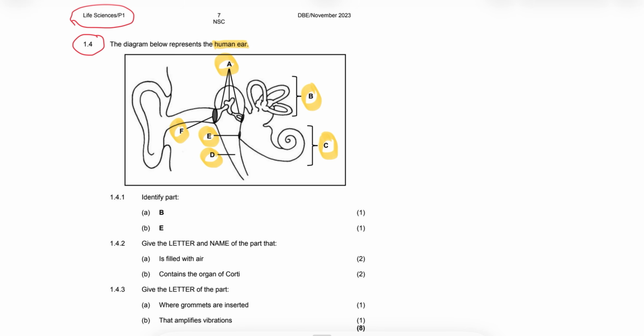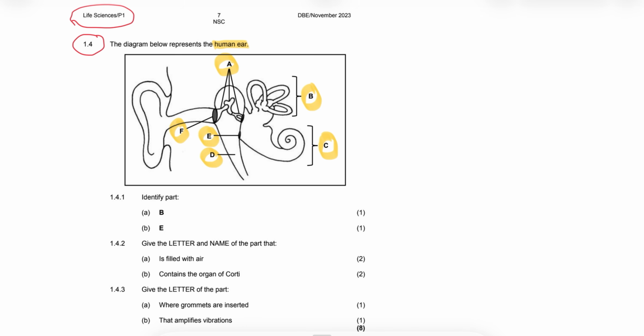And the examiner can also ask us for functions of these parts. However, the examiner can provide us with functions of parts and then ask us to provide the letters and the names of those parts that match with the provided functions.